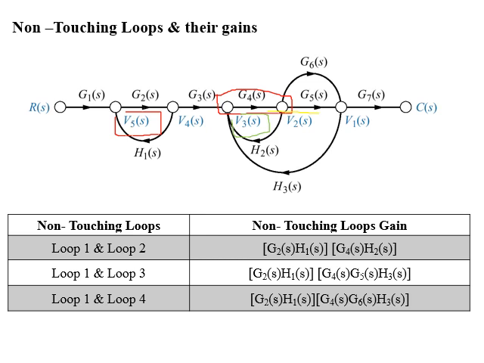Now loop 1 and loop 4 is our third non-touching loop, so the product of loop gain 1 and loop gain 4 will form the third non-touching loop gain. Now with this we have completed the terms related to Mason's rule. Now we'll use the formula to find the transfer function for the system.